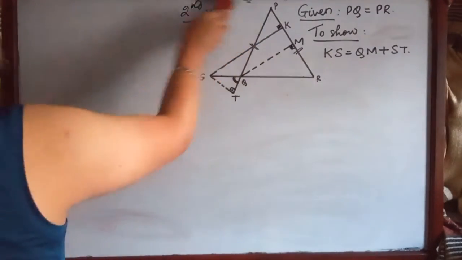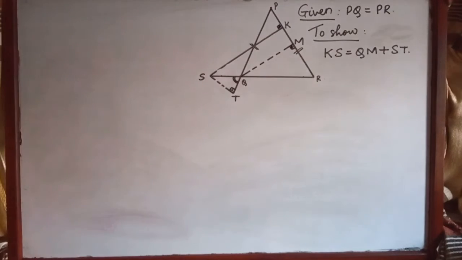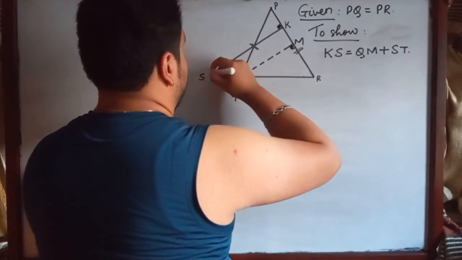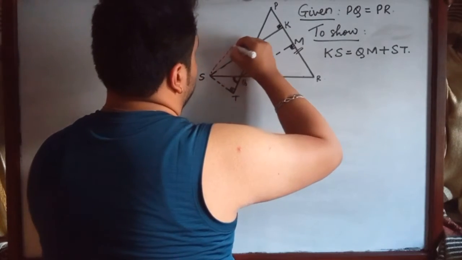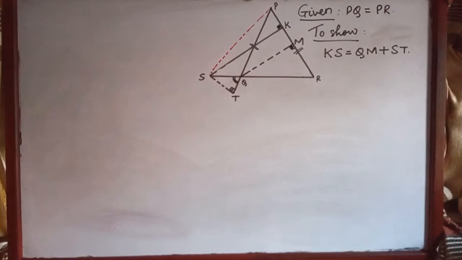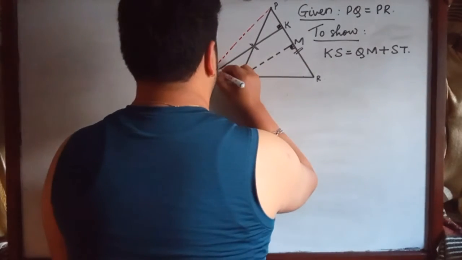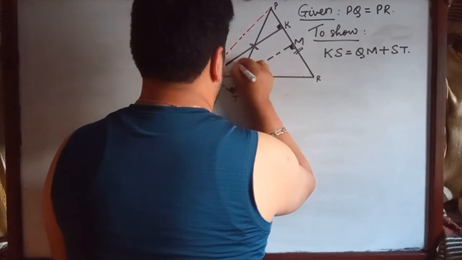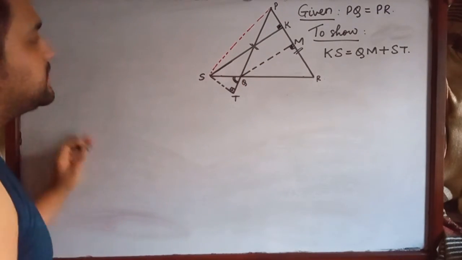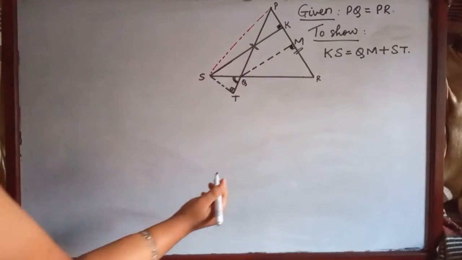So for the second method, what we do is we join PS. Now let us see, using the whole part axiom, what we are going to get.